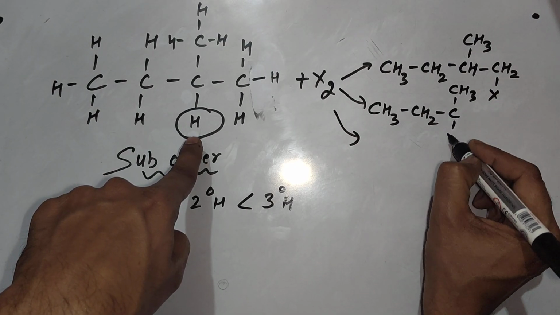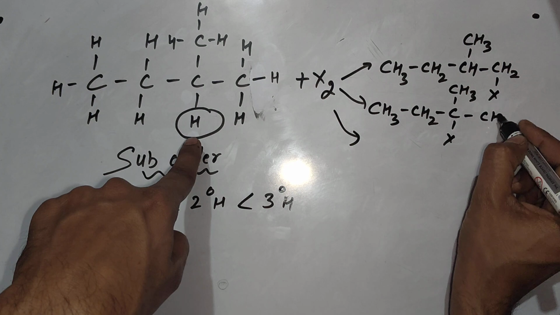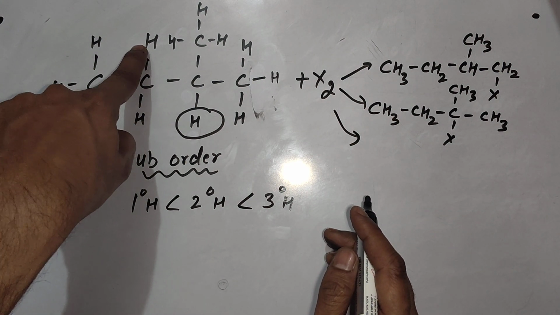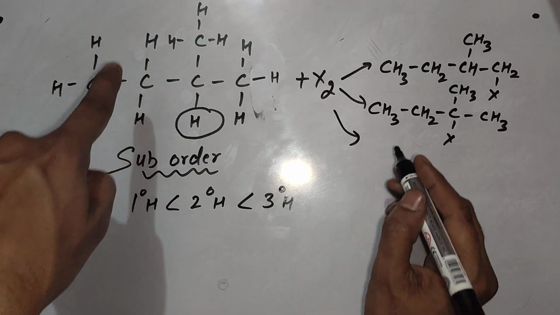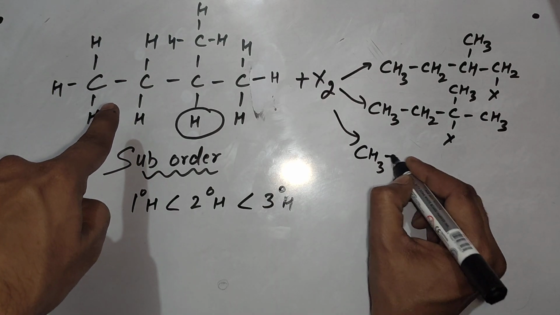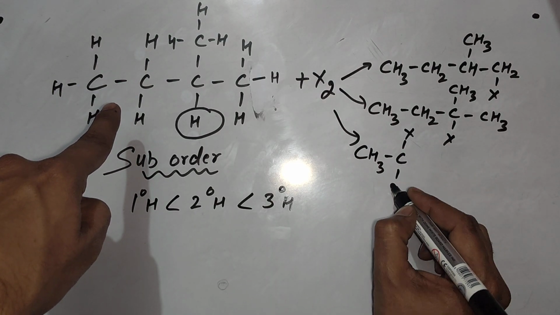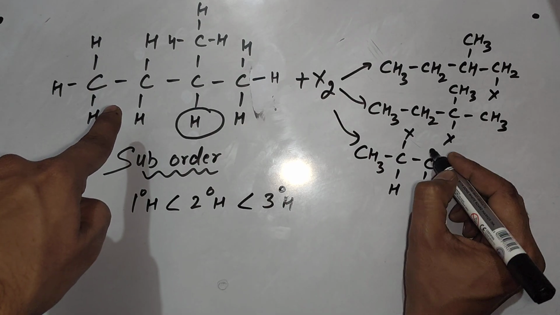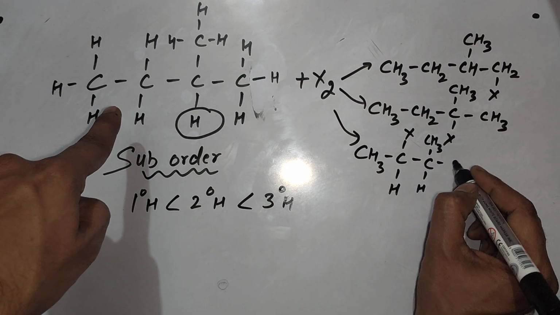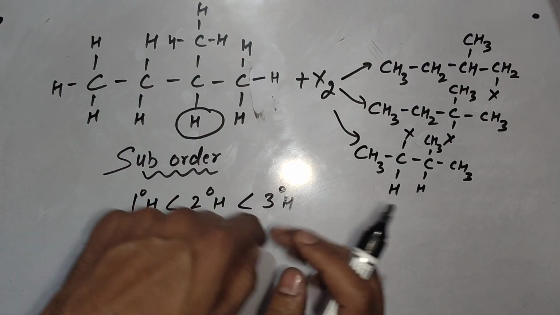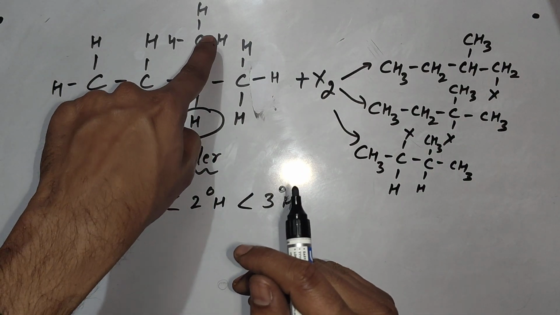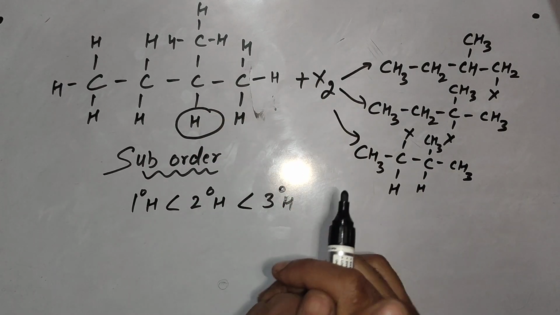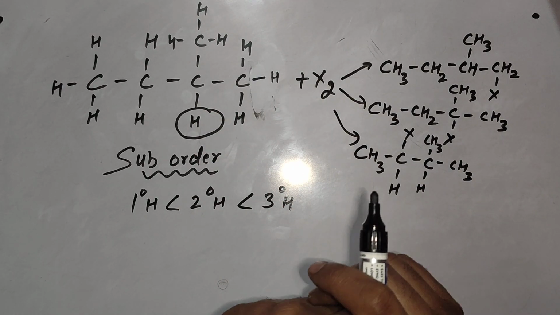The product will be this one. Suppose this hydrogen, let's substitute this hydrogen. This is also a 2 degree hydrogen. So we will get this product. A similar product we can generate by substituting this hydrogen also. But I have made this to understand the concept.